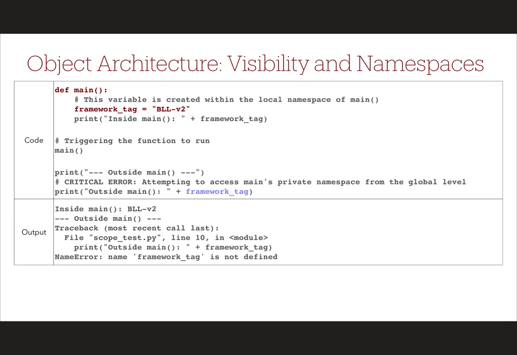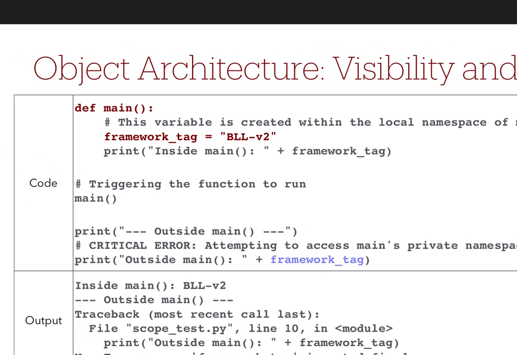So suppose that I have the function called main. Within this main function, I define one variable. The scope of this variable is limited to this main function.